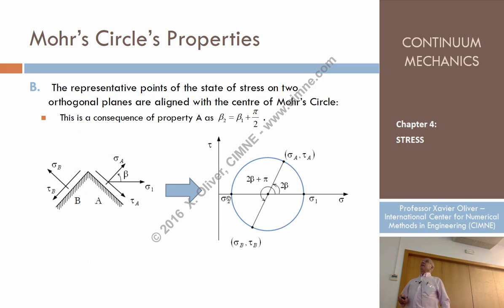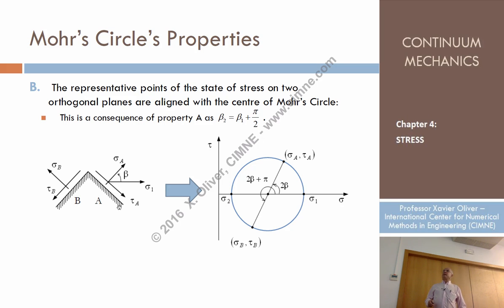So, second property. Of course, what happens if you have two orthogonal planes? Plane A and plane B, which is orthogonal to plane A. Each one has its stress state: sigma A, sigma B, tau A, tau B. Imagine that sigma 1 has that direction, and the angle of that plane is beta.